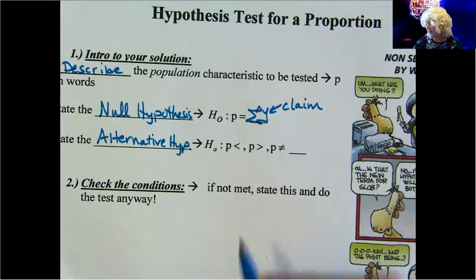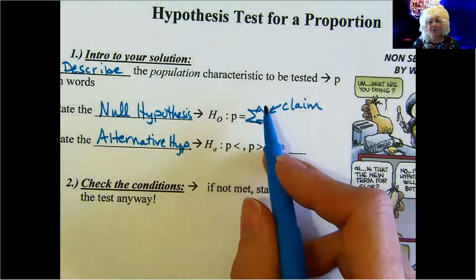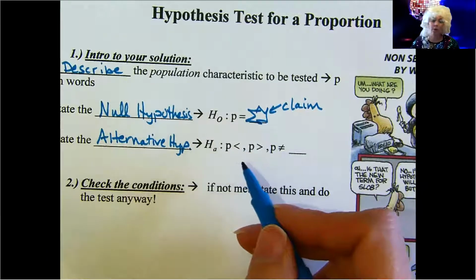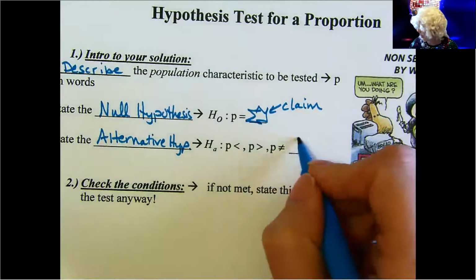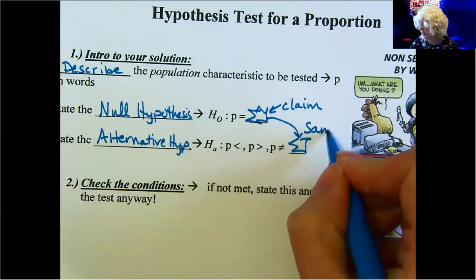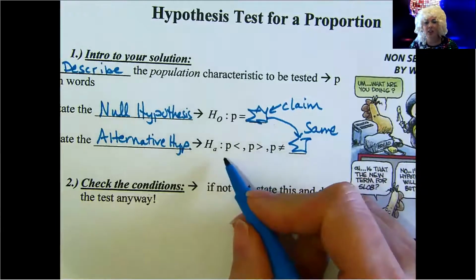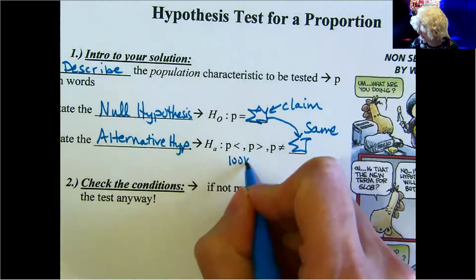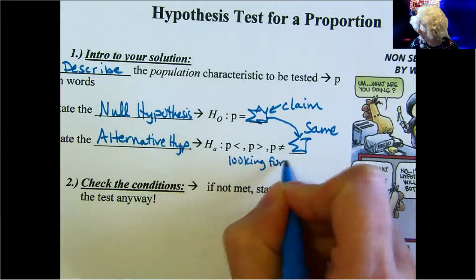Are you looking for evidence that it's less than the claim, that it's more than the claim, or that it could be on either side, greater than or less than of the claim? So whatever number you're putting here, it's also going to go here, right? It's the same number. The only thing that changes is the symbol here for what you're looking for evidence for.